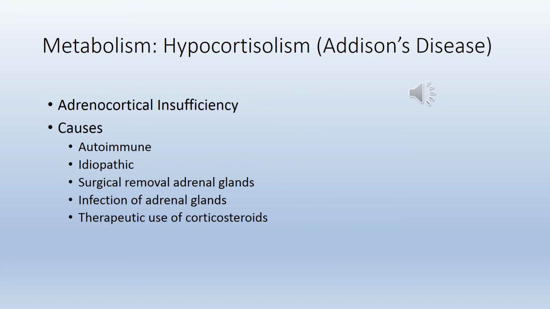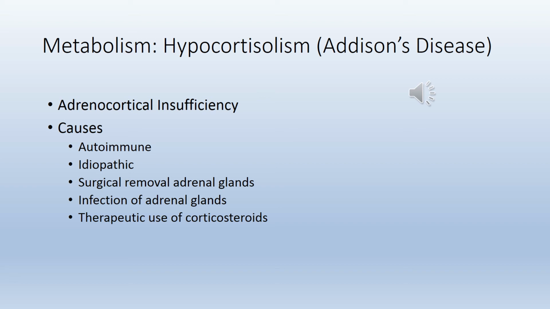Hypocortisolism, or Addison's disease, is adrenocortical insufficiency. It occurs when adrenal cortex function is inadequate to meet the patient's need for cortical hormones. Autoimmune or idiopathic atrophy of the adrenal glands is responsible for the majority of cases. Other causes include surgical removal of both adrenal glands and infection of the adrenal glands.